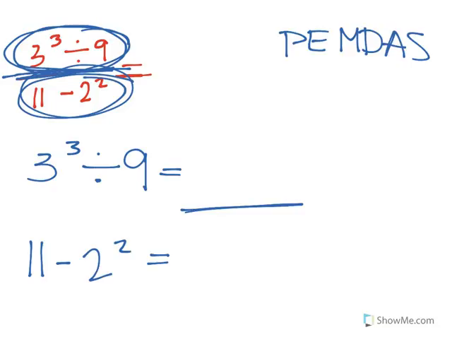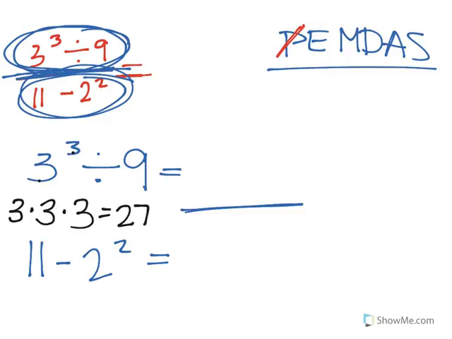So going through PEMDAS on the first expression, we don't have parentheses, but we do have exponents. So 3 to the third, as you might recall, is 3 times 3 times 3, which is equal to 27.